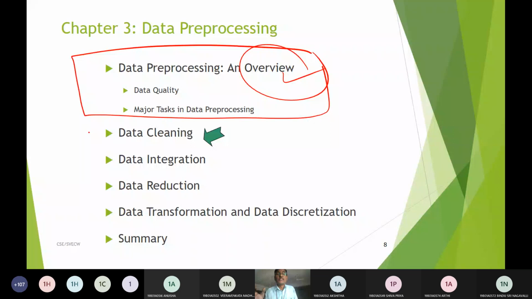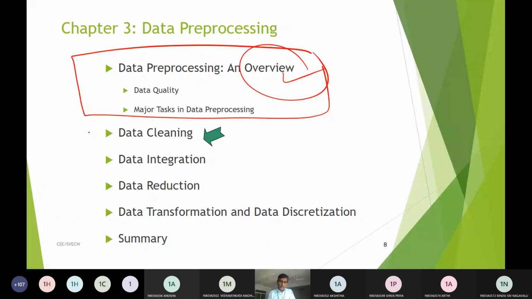But if we have errors such as noisy data, where the type is numeric but you give minus 20 or some character data, which is not acceptable or valid, then we get what is called noisy data.